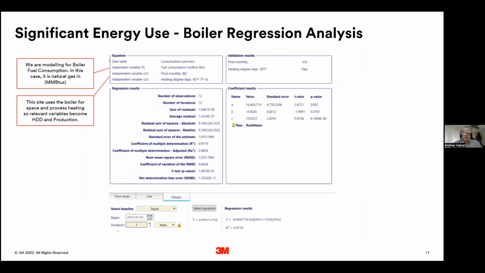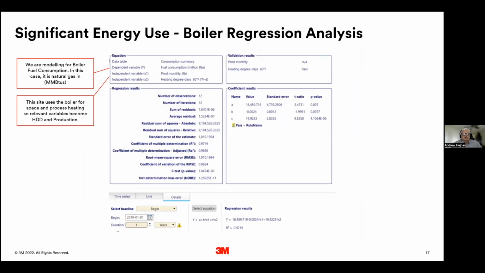And then we use RETScreen to help us with different analysis of either energy systems or new projects when we want to implement an energy efficiency measure. This example is for a significant energy use, one of our boiler systems, a regression analysis for that system.